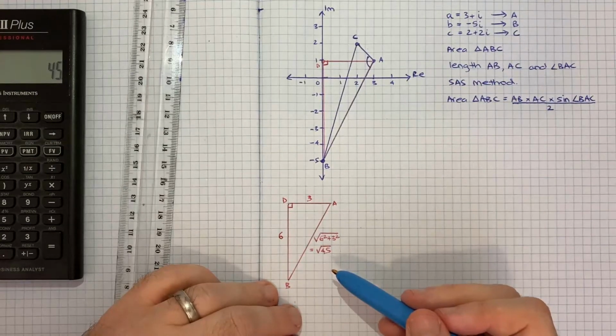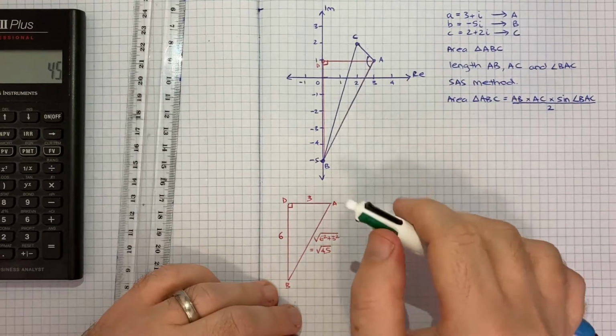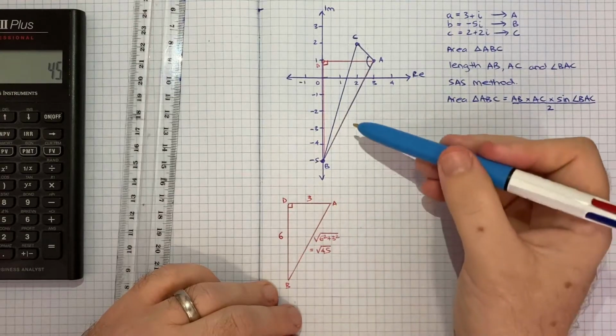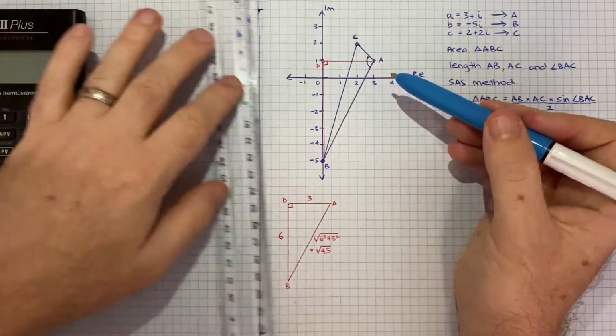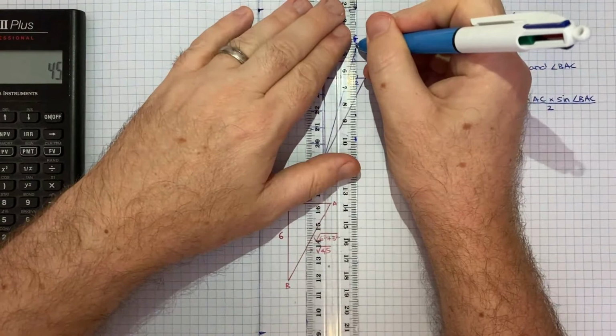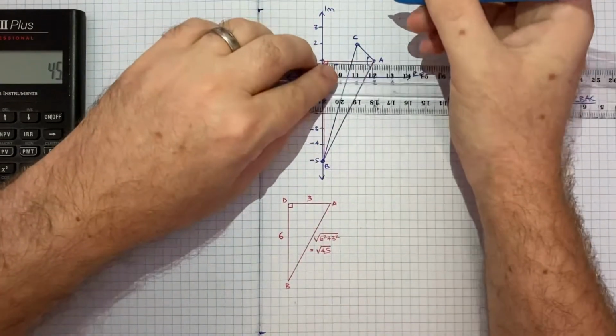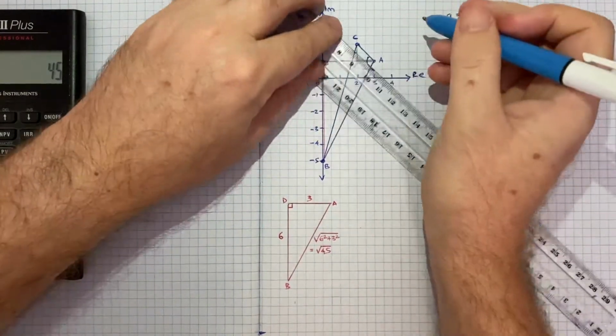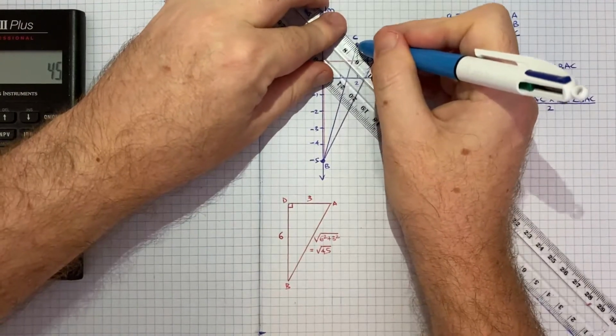Now for the length of AC, I think we can use this right-angled triangle.